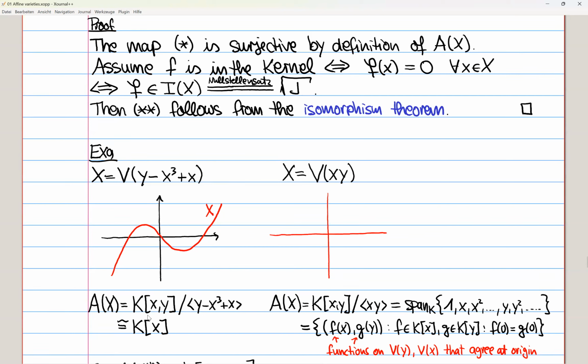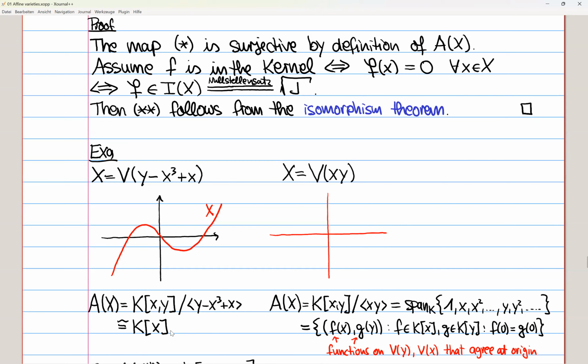And then, if you take this quotient here, you can basically see this ideal allows you to always replace y by a polynomial in x. And so in fact, this here is isomorphic to K[x], the polynomial ring in the variable x.